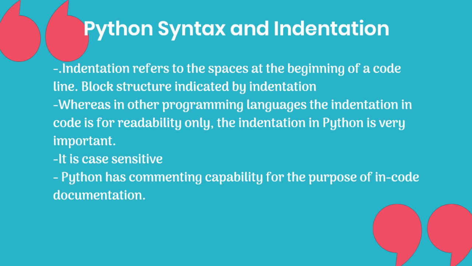The block structure is indicated by indentation, whereas in other programming languages the indentation in the code is for readability only, but for Python it is really important. If you are not following the indentation, then your code may give you an error, so you need to be very cautious about it while writing the syntax.